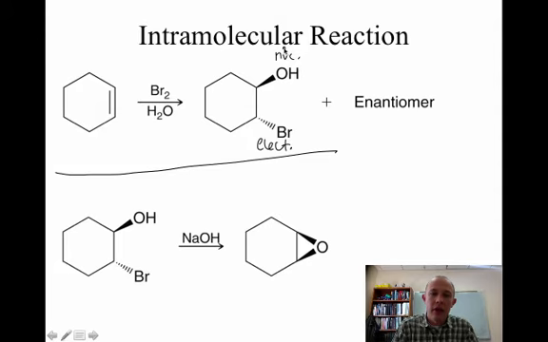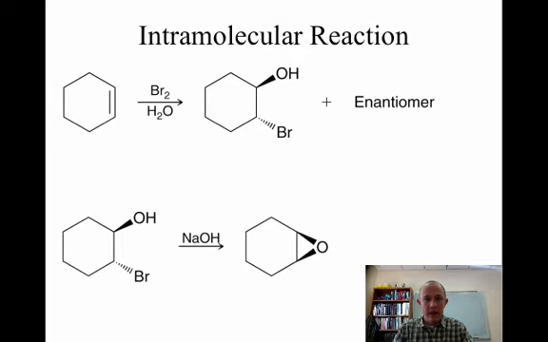So lo and behold, we have a nucleophile and an electrophile in the same molecule, and this oxygen is really close to this partially positively charged carbon. So even though there's a lot of strain in forming these epoxides, because of the close proximity of the oxygen to the carbon, it can just kind of fold over and push off the bromine, and that's exactly what's going to happen.